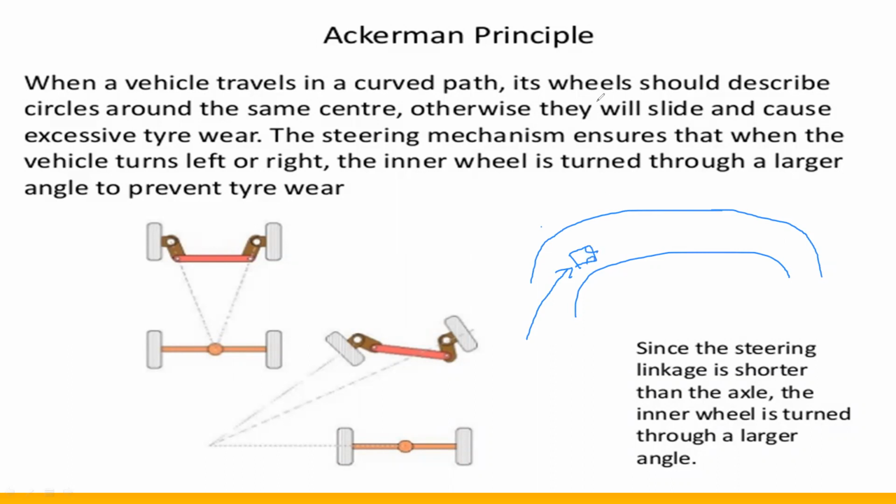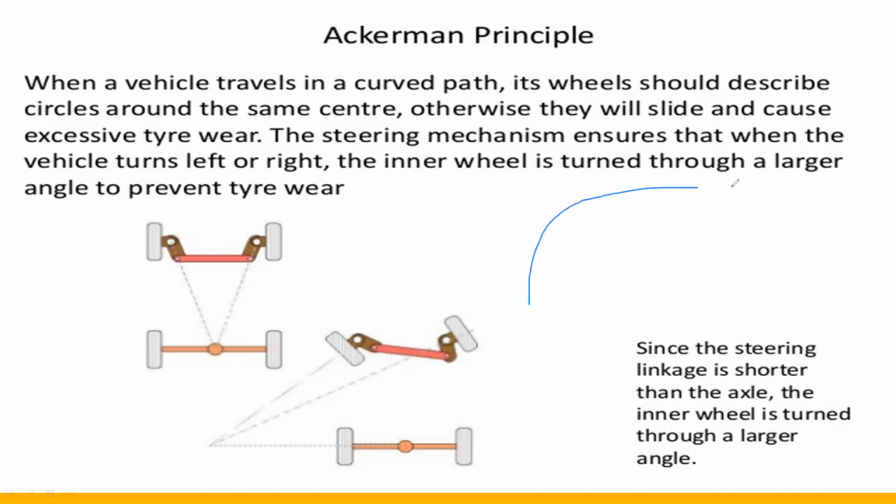These tires are also turned, so the tires are in angular position. Its wheels should describe circles around the same center. You can see the wheels, and the steering system should be placed at the center point.